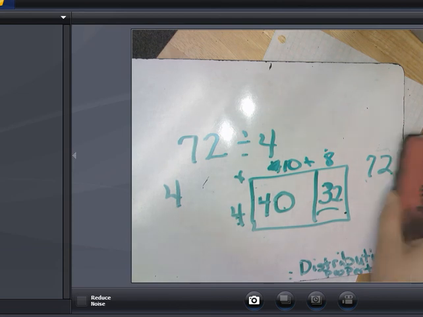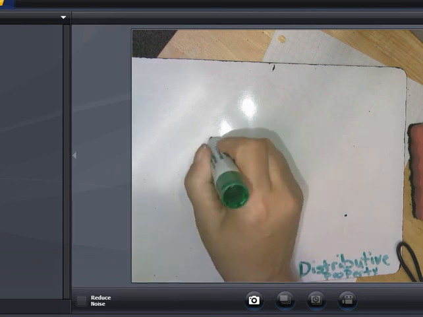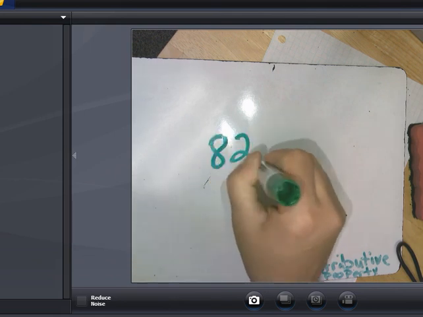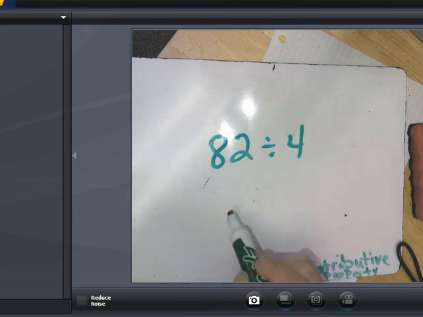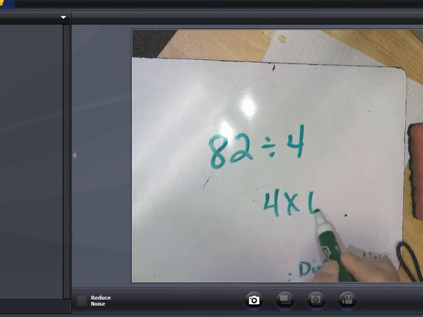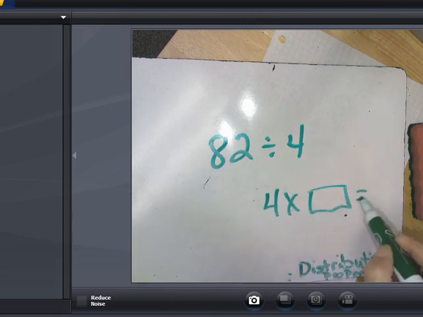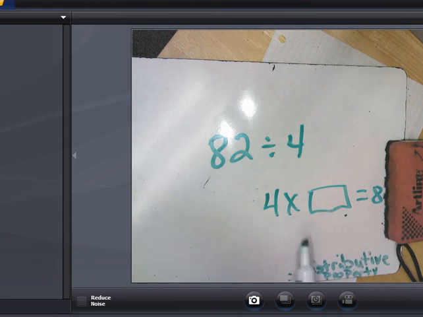Right now that probably doesn't make sense, but if I would do a number like, let's pick 82 divided by 4. Okay, if I was going to do my little trick, 4 times I don't know to start with equals 82. If I cover up my 2, I ask myself, 4 goes into 8 how many times?